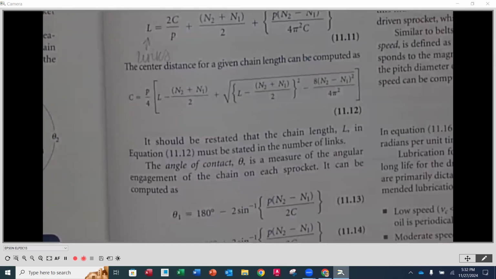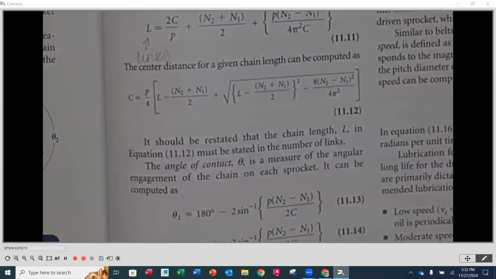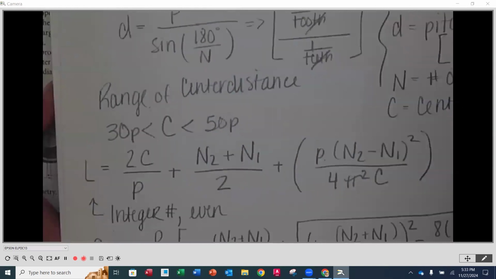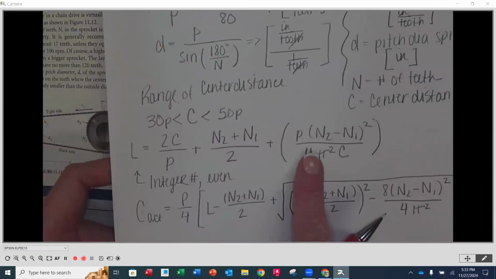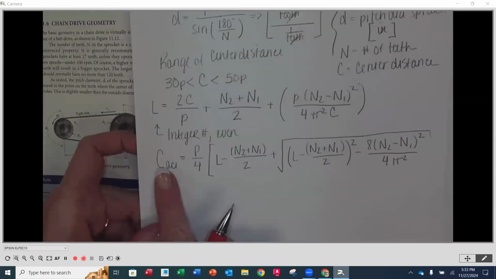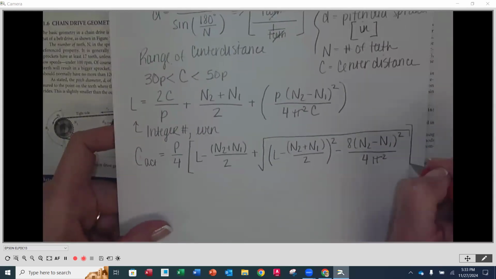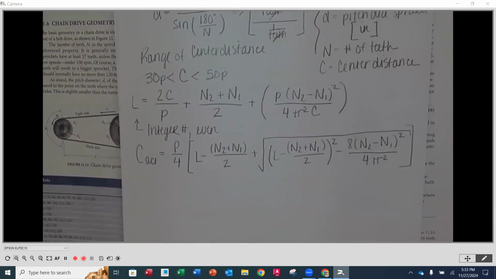I'm going to let you in on a little bit of a treat. I have to believe at this point you're pretty okay with putting units on things, but this is the exception for this particular assignment. When you use these two equations for the length in links and your center distance, I do not require you to put all your units in because it would get way too long.